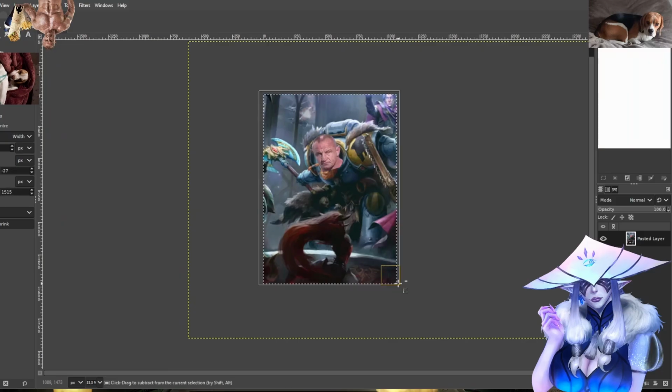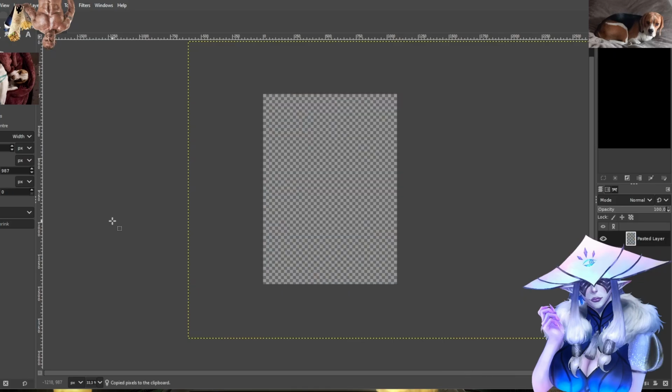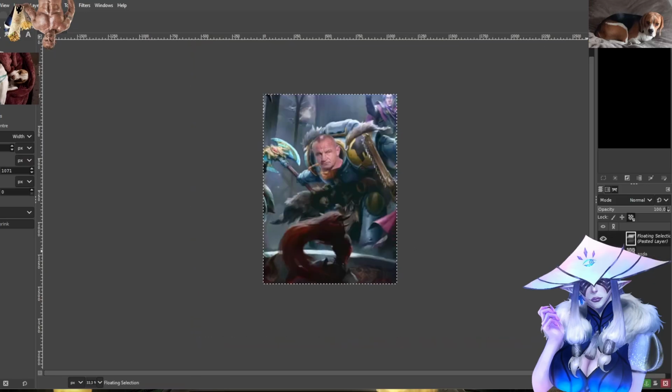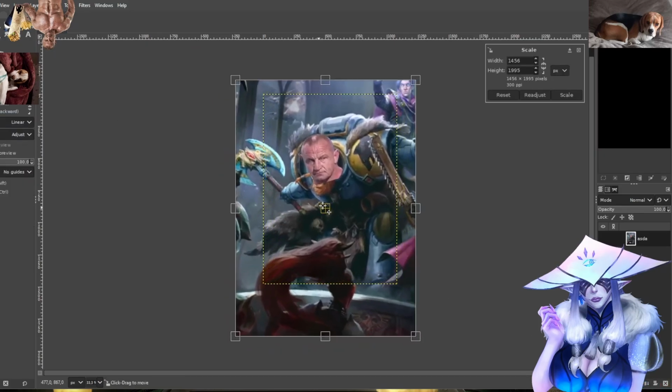Oh man. Okay, we take this. We delete everything on this layer, right? We do a new layer. We delete this layer. We insert this layer again, right? And now we have an easier time scaling.